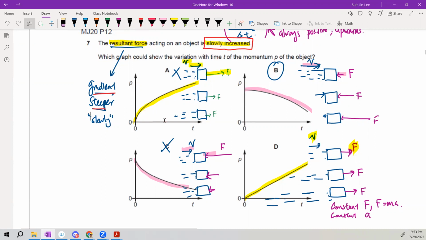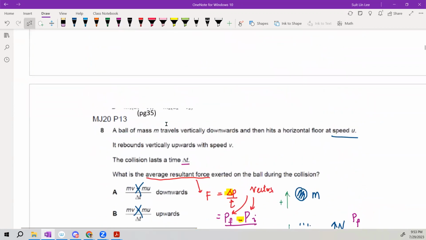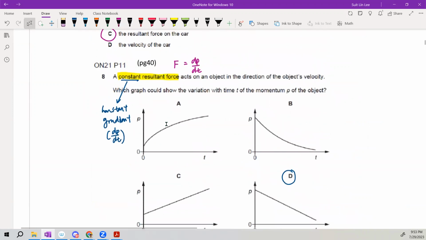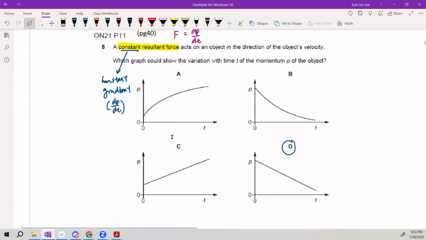Page 1. Shouldn't the answer be C? Which one? This one? Oh, there are two straight lines, right? Okay, I didn't read the question properly. Act on the object in the direction of the object velocity. So this is also a nice way to relate to the previous question.